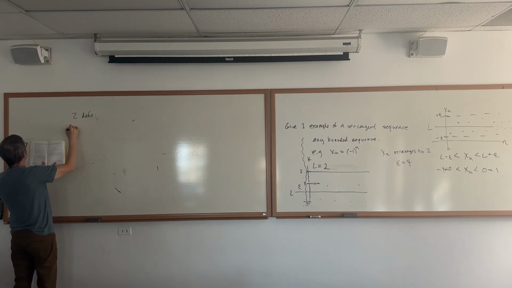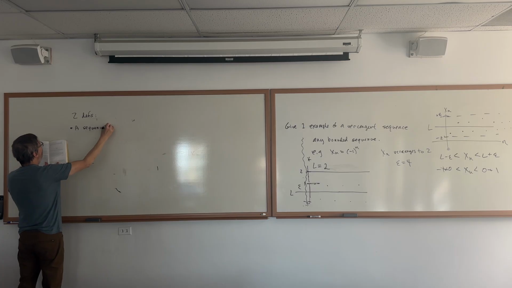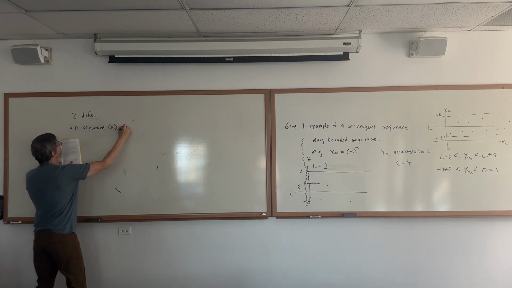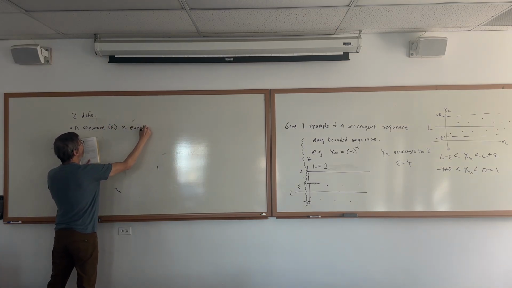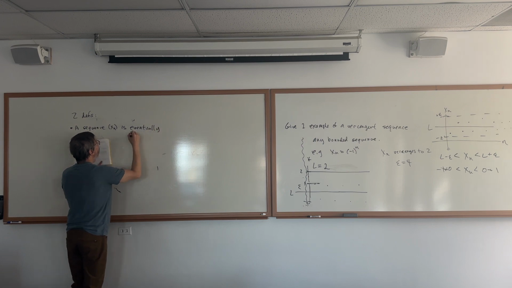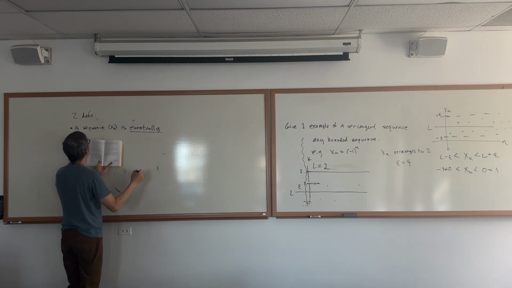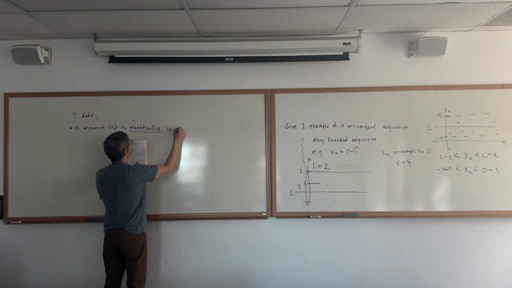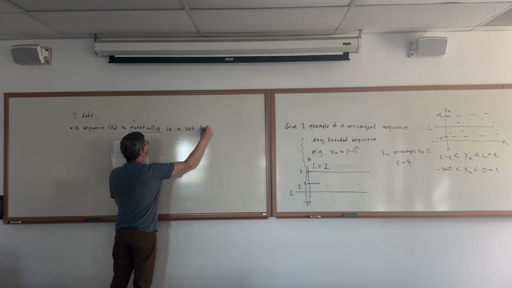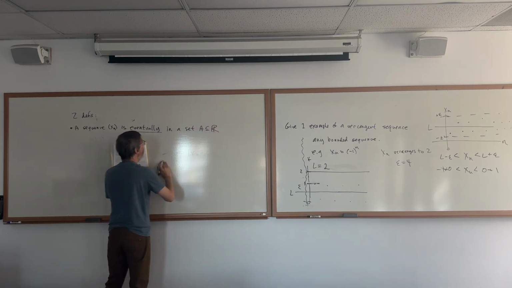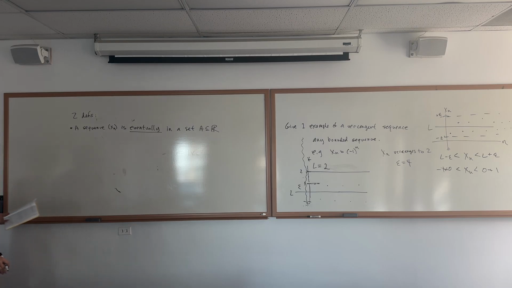The first one is we say a sequence x sub n is eventually, and these are great words to use from time to time, eventually in a set A, which is a subset of R. This is getting a little abstract.